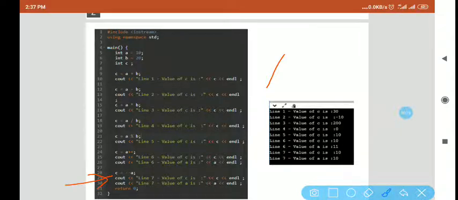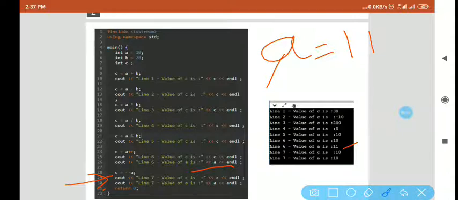In this example, c equal to minus minus a. First understand that the value of a right now is 11. Then we apply the pre decrement operation here.